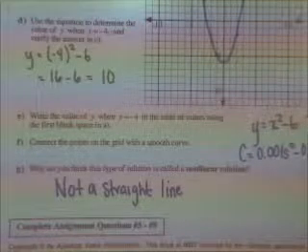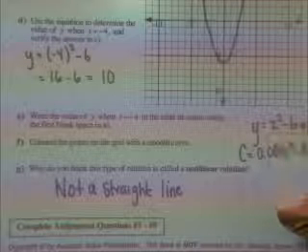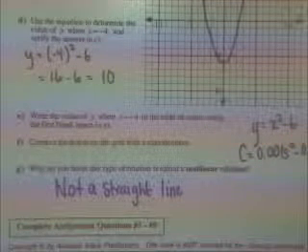And both of these graphs gave me this U shape. What do their equations have in common? I have a variable squared. This is called a quadratic.